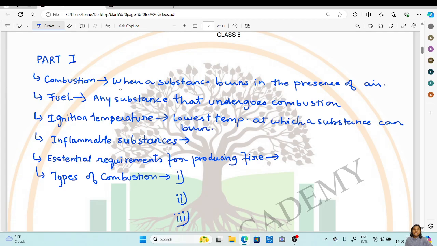Further, we learned about inflammable substances. Inflammable substances are the ones whose ignition temperature is very low and they can easily catch fire.